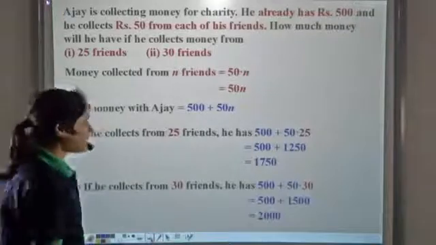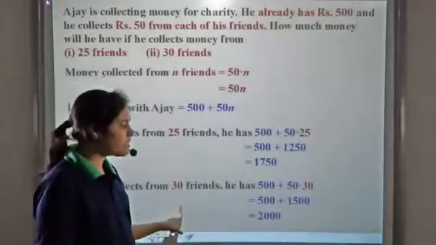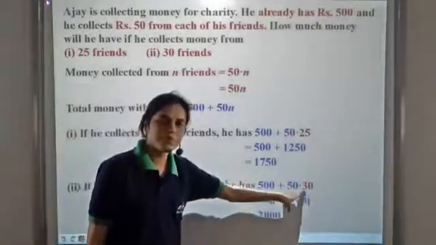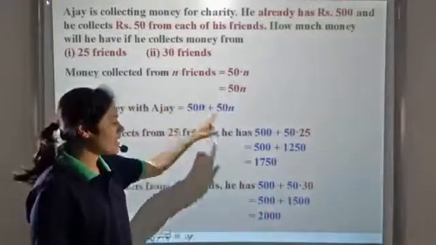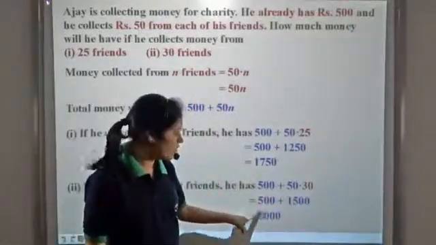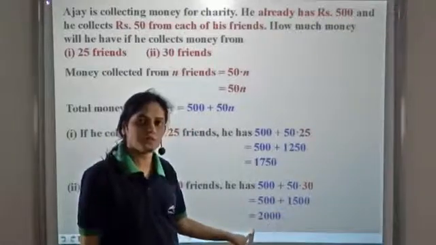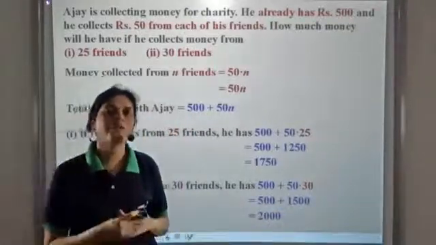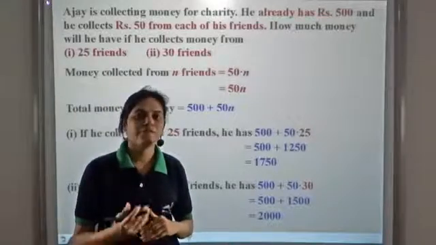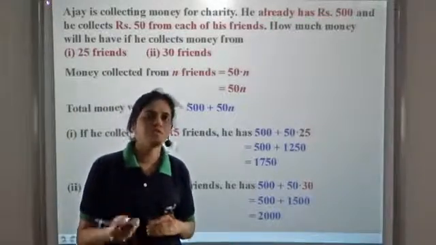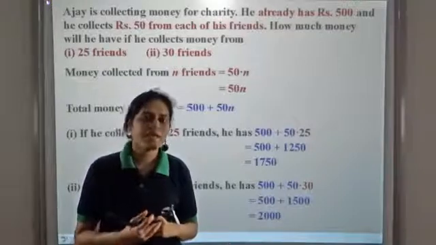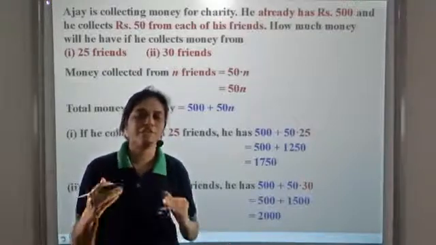Similarly, if he collects money from 30 friends, we can simply substitute 30 in place of n and then find the value: 500 plus 1500, which is 2000. So this is how we evaluate expressions. We substitute the known values in place of variables and then calculate the value of the expression.